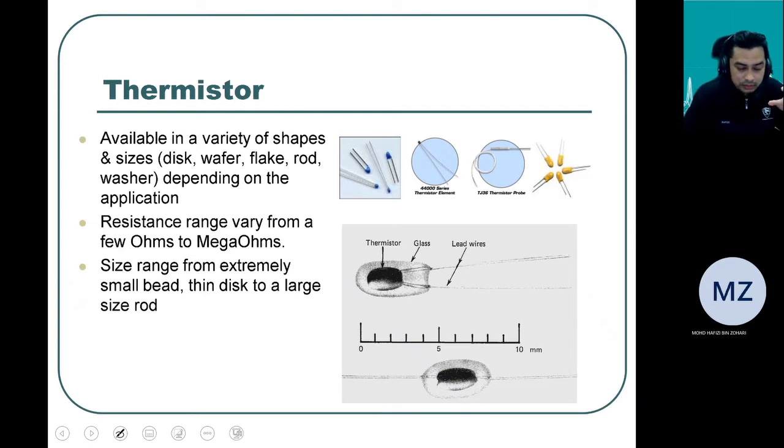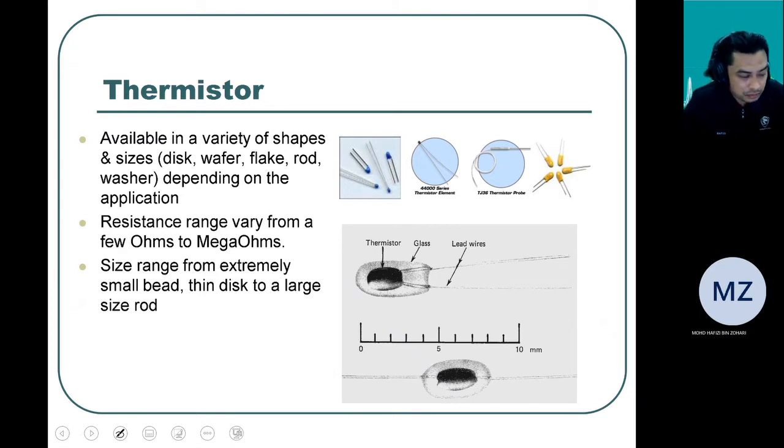The thing is, this one can be very small in size, sometimes extremely small. And it can also be a large size. Of course, a large size is easy to make, but a small size temperature sensor is not easy.